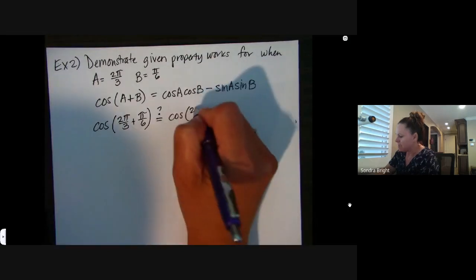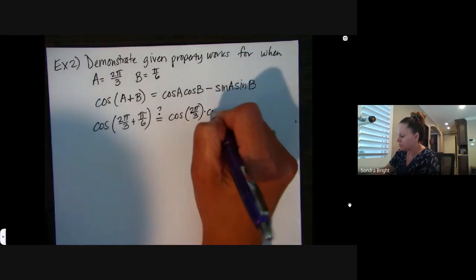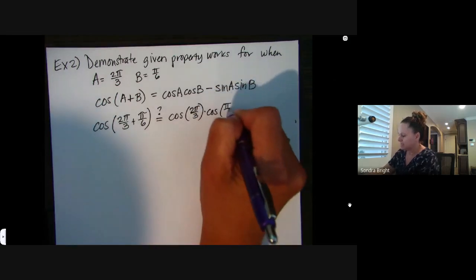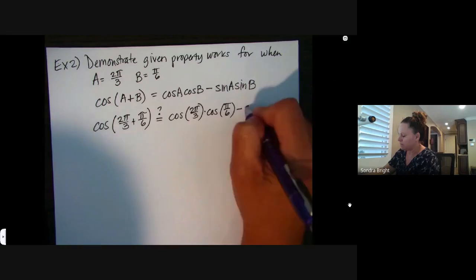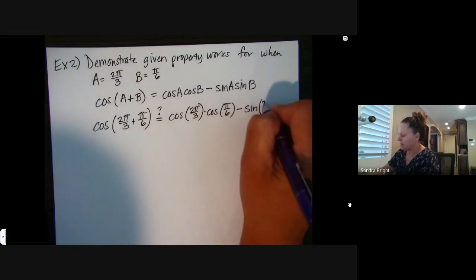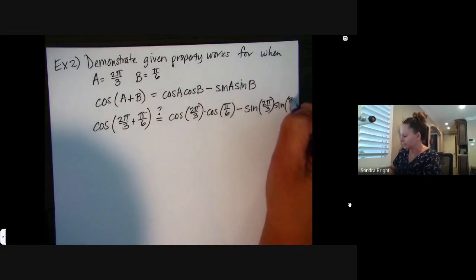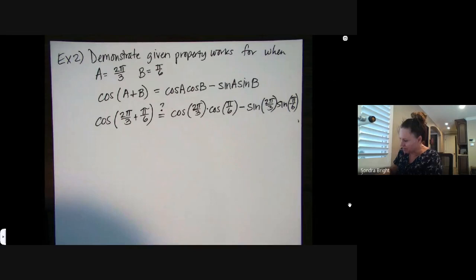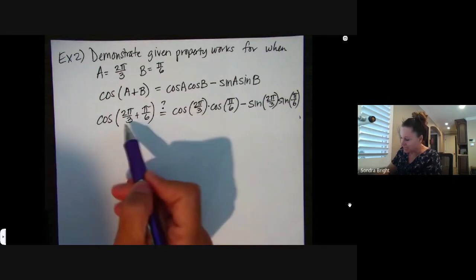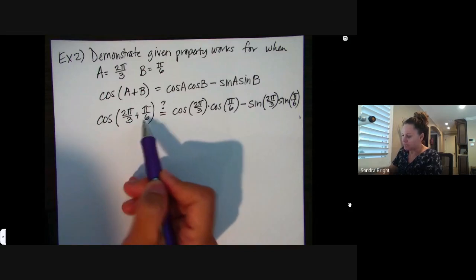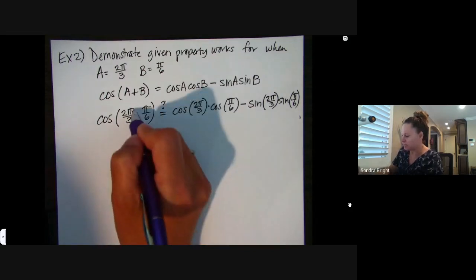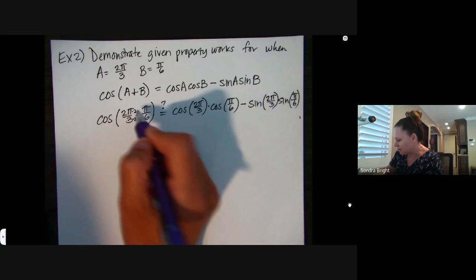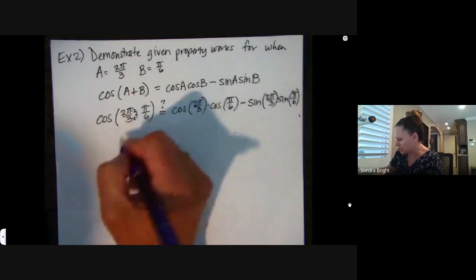Cosine of 2 pi over 3 times cosine of pi over 6 minus sine of 2 pi over 3 times sine of pi over 6. Like that. All right, so you need your values. Well, first of all, we've got to figure out what this is. To add them, you need a common denominator, right? So this is 4 pi over 6 plus 1 pi over 6. That would be cosine of 5 pi over 6.